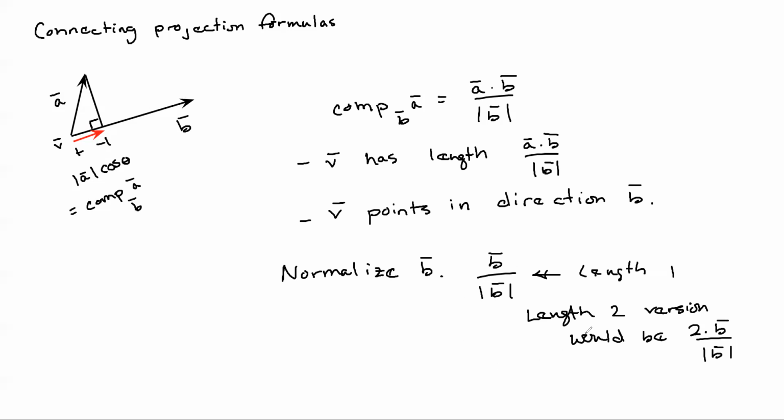Now, that's of course not what V is. V points in the same direction as B, so it's in the same direction as this unit vector, but it's not length 2, it's length this. To calculate what V is, which is what we've been calling the projection of A onto B, we need to take this definition, which is the length that we want, and multiply by this definition, which is the direction.